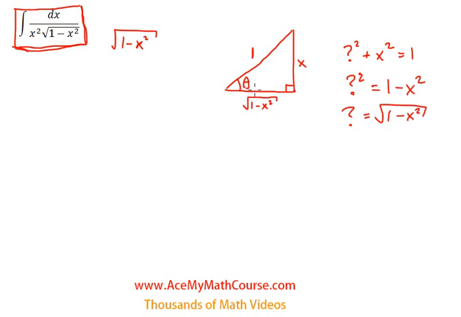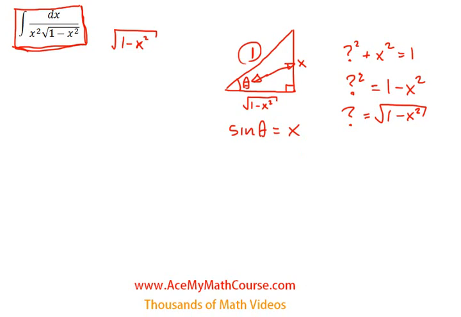And how is this going to help us? You'll see. Right now, what I will do is say that if I made this angle theta here, the sine of theta is equal to the opposite over the hypotenuse. So the sine of theta is just equal to x. And I'm going to work a substitution here.